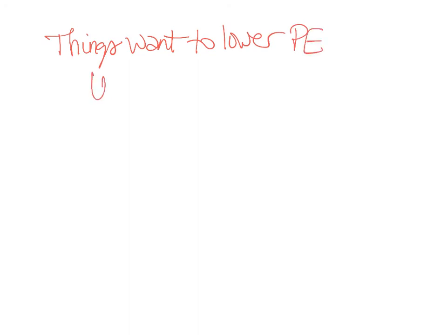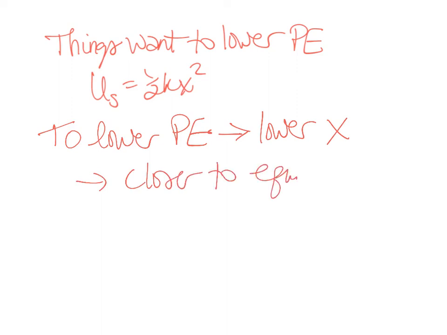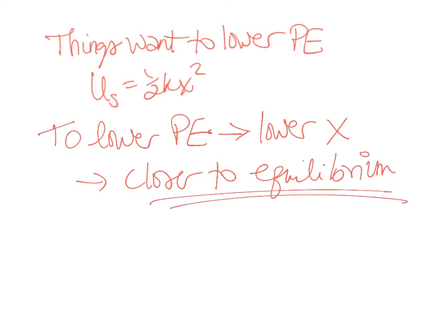All right, so if the potential energy for a spring is 1/2 kx squared, then how is it going to lower its potential energy? Right? To lower potential energy, that means that you would have a lower x, which means closer to equilibrium, right? And that's a restoring force.